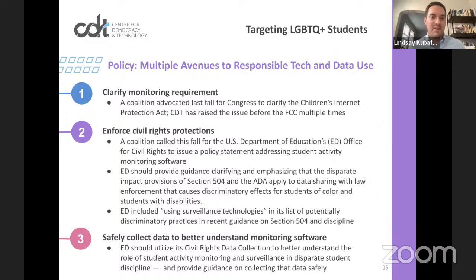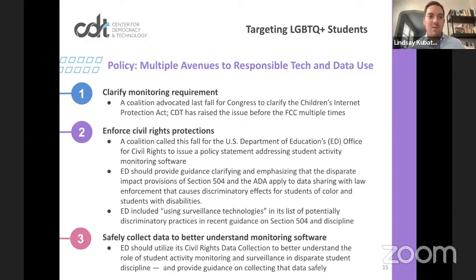I think Elizabeth mentioned we have the tools to protect students. It's whether we're using those tools and whether we're enforcing them that I think is one of the biggest issues. The Department of Education, one of its primary responsibilities is to protect the civil rights of students, including students with disabilities.